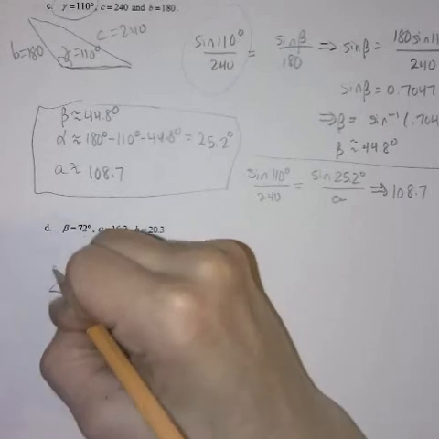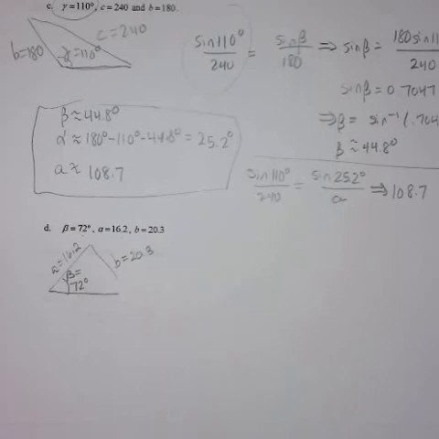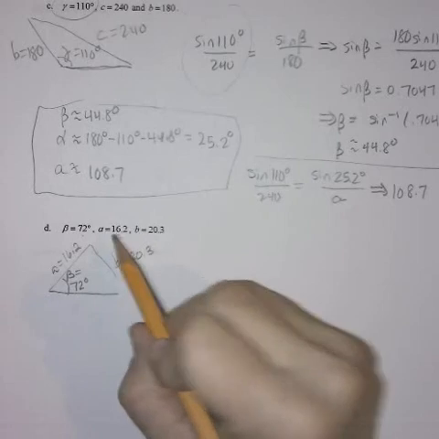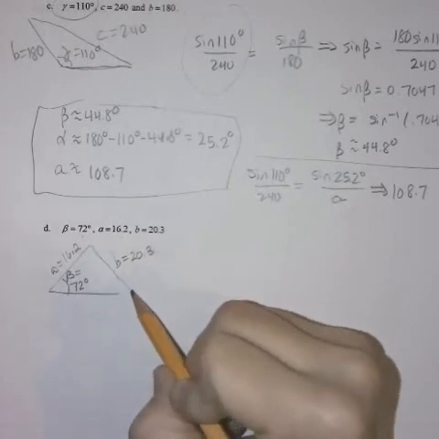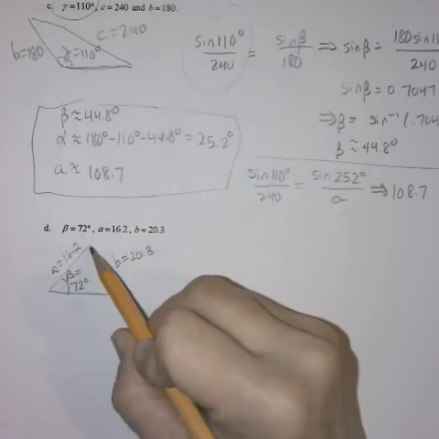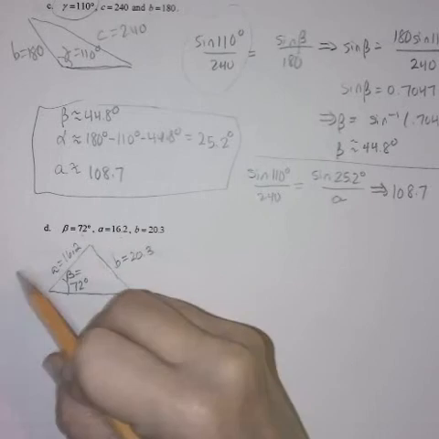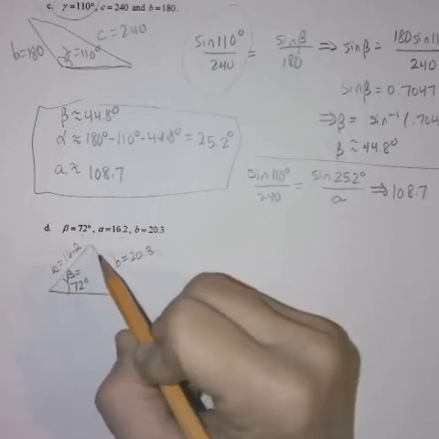But I want you to notice on this one that because B is longer than A, there's no possible way for there to be 2 triangles. This is longer than this side, so if you swing this back so there's 2 angles, it couldn't fall in here. And so there's only going to be 1 triangle in this case.